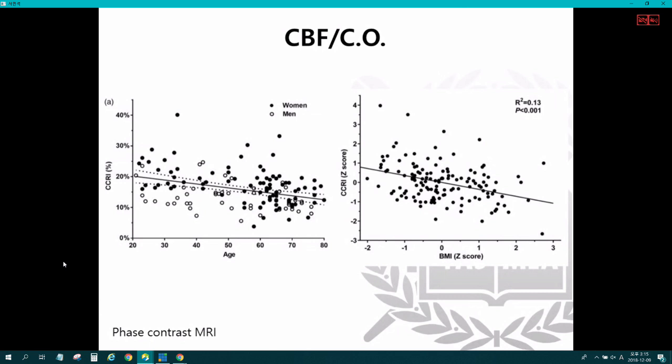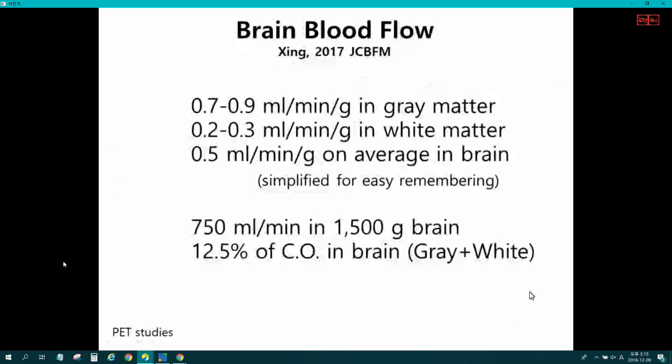So we need to think about this 12%. So the previous PET measurement and the recent MRI measurement match. So my teaching using this slide was not wrong.